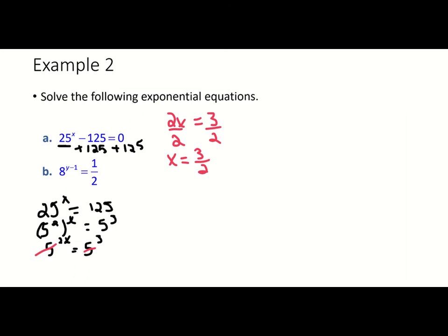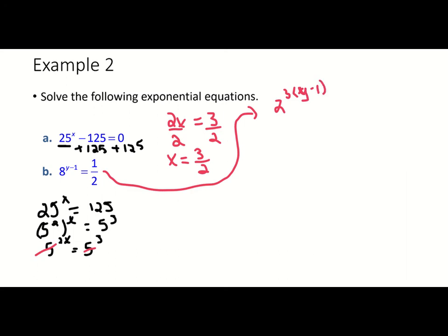All right, let's take a look at b. b is the exponent's already isolated, so we have 8 to the y minus 1 equals 1/2. Now, 8 I know I can easily convert to 2 to the 3rd power, but then it's going to be times our y minus 1.